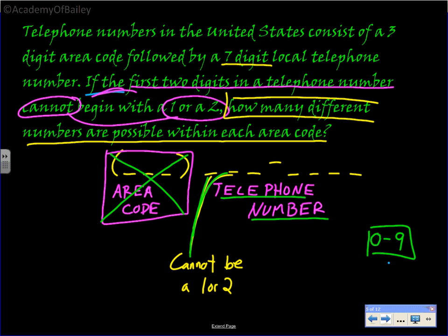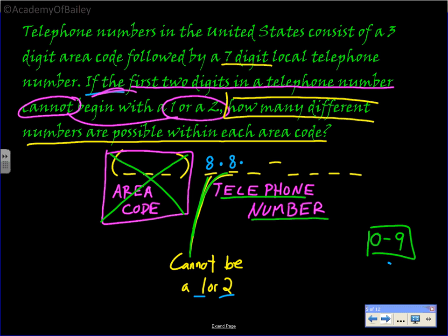Okay, so if there are 10 numbers from 0 to 9, in the first two spots you cannot have a 1 or a 2, so how many numbers are there? 10 minus 2 is 8. There's 8 numbers left. So in the second spot you cannot have a 1 or a 2, so there are 8 numbers there.